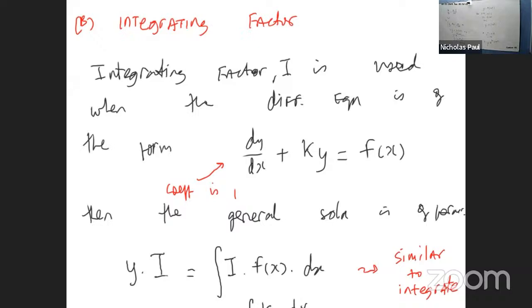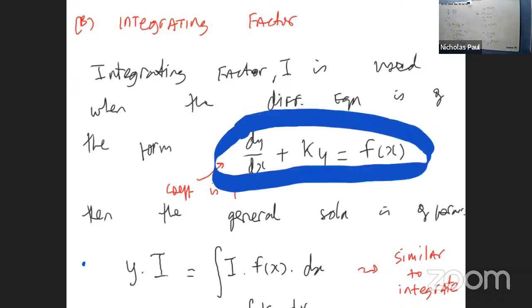So if you were to get an equation looking like this, sometimes you'll get a differential equation looking like this.